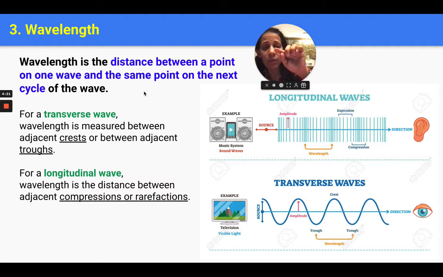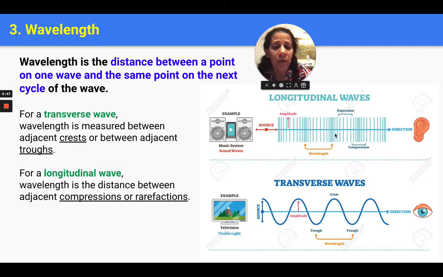Not from the resting point, because it might confuse you, that would be a half wave. So from crest to crest is 1 wavelength, the length of 1 wave. From trough to trough is the length of 1 wave. That is, of course, if I'm talking about transverse waves.